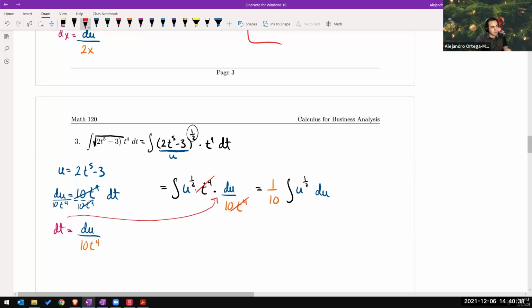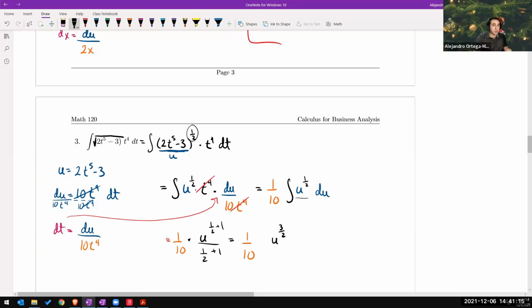Okay. So if we're given this, then we're just going to get here a 1/10 times the integral of u to the 1/2. Remember, we added 1 to the power and divided by that. So we're going to get here a u to the 1/2 plus 1 over 1/2 plus 1, which should be a 1 over 10 times u to the 3/2.